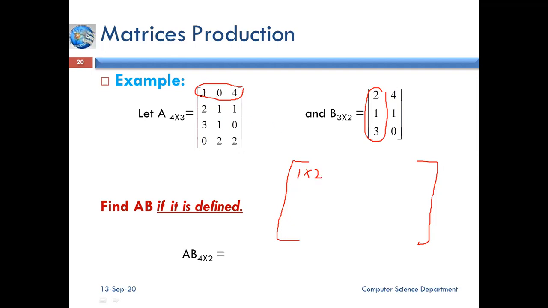So the first element in the first row with the first element in the first column plus the second element in the first row with the second element in the first column.